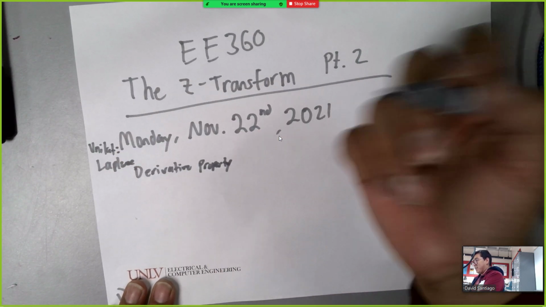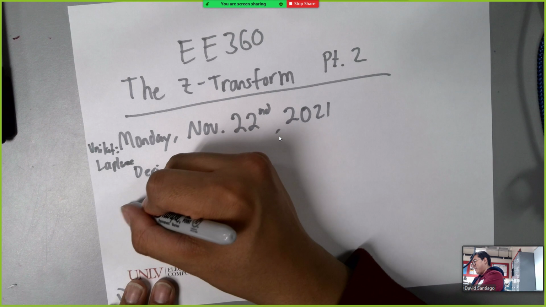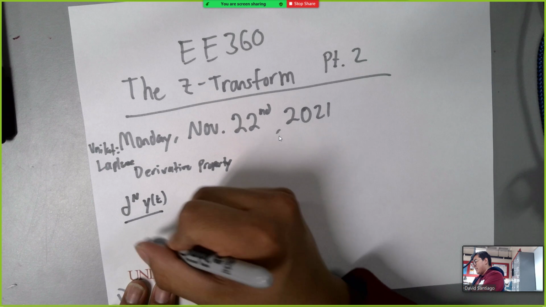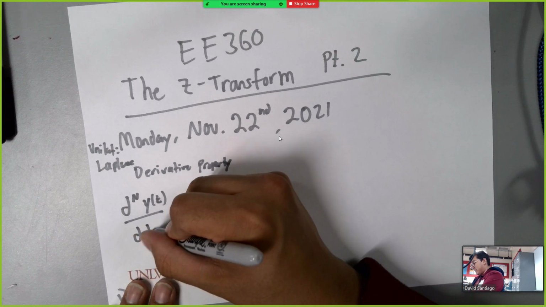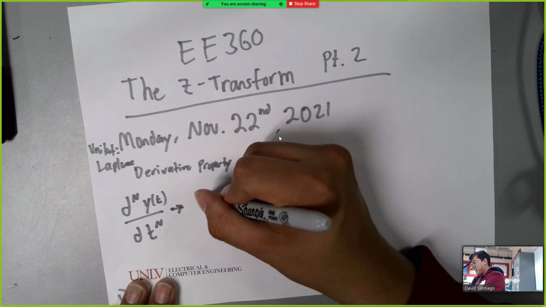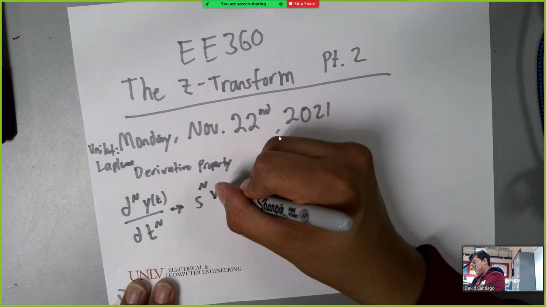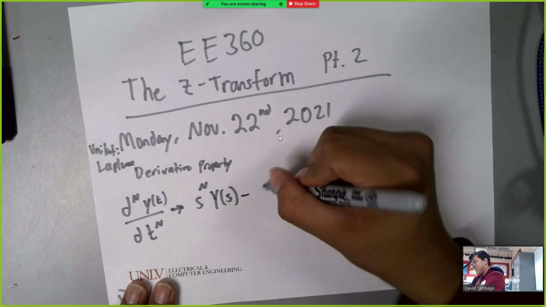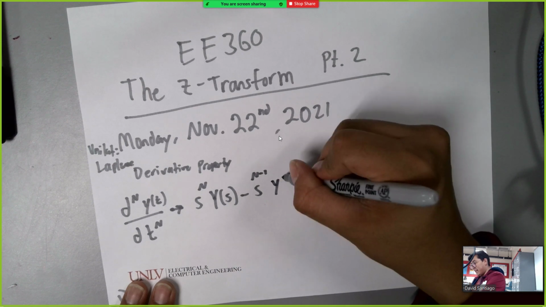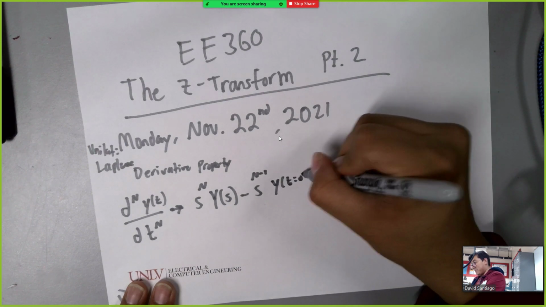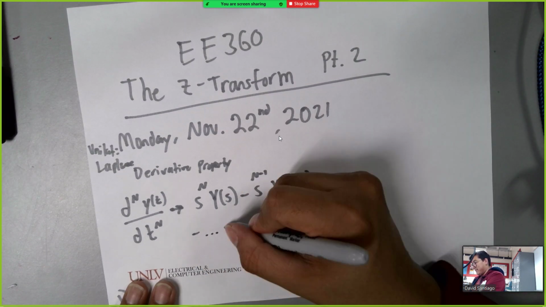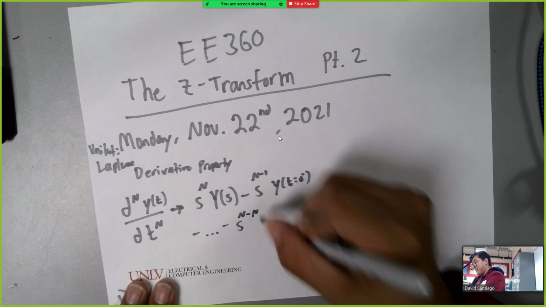the Laplace derivative property states basically if you had d^n y(t) with respect to dt^n, you would convert all this into s^n Y(s) minus s^(n-1) y(0-) minus, then minus s^(n-n)... Why do I put that?